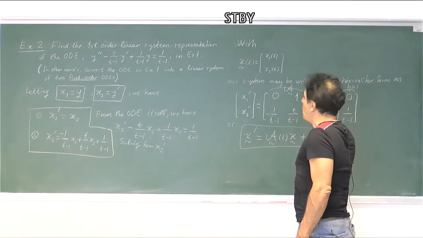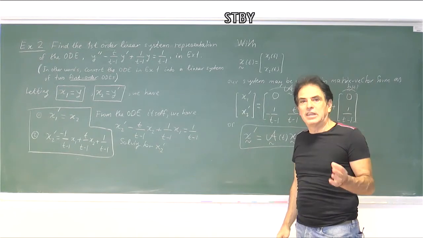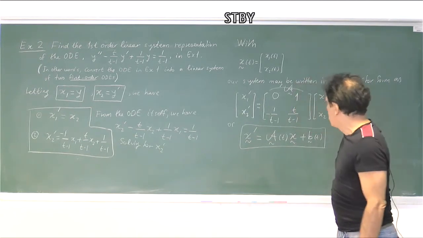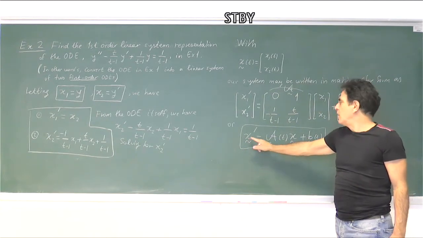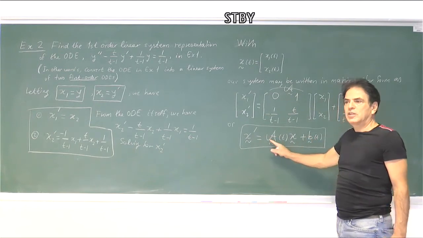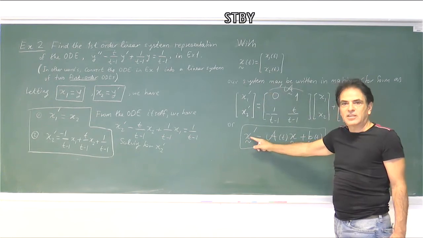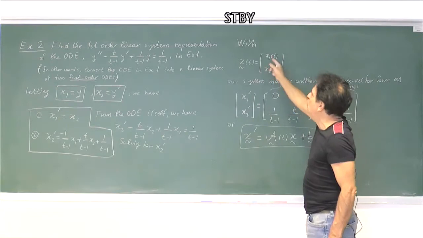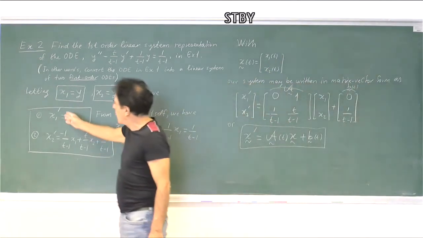So our second order non-homogeneous linear ODE in example 1 is written as a first order non-homogeneous system of two equations where the unknown is a vector function with two component functions. Explicitly we have this system.